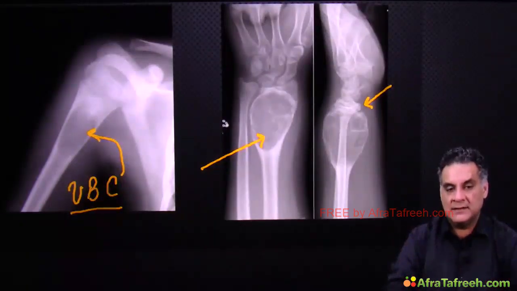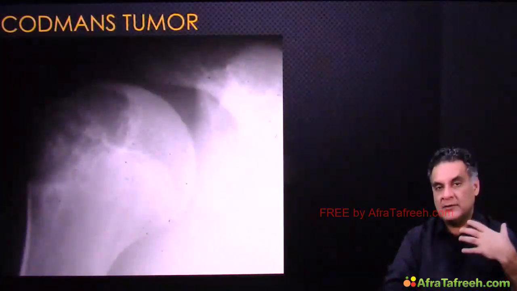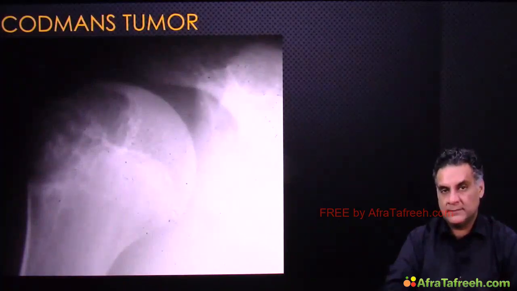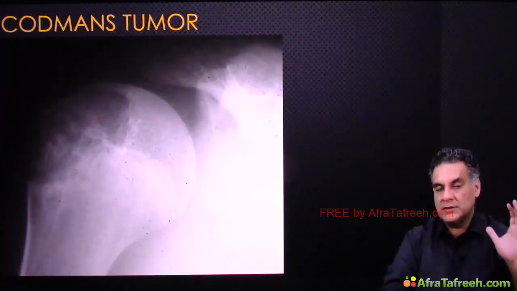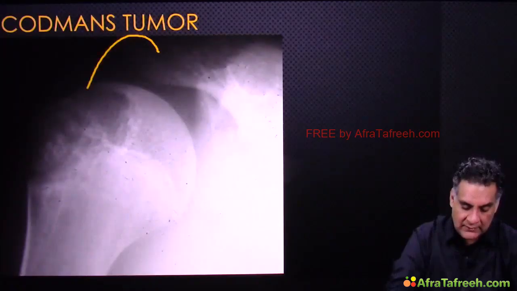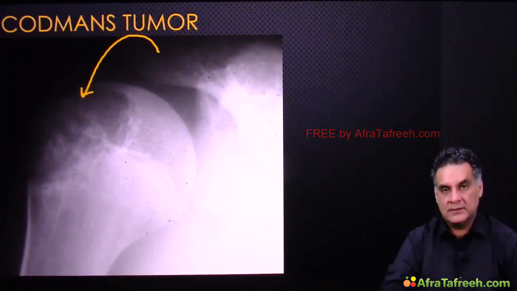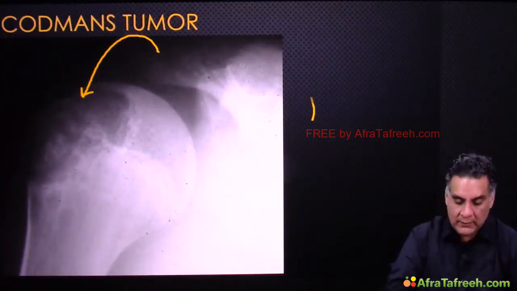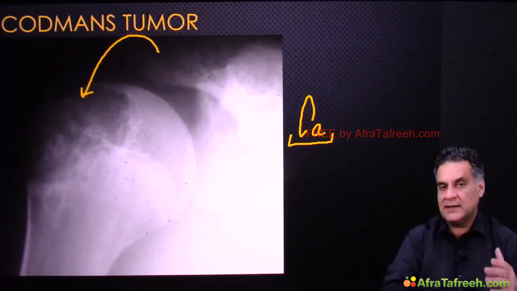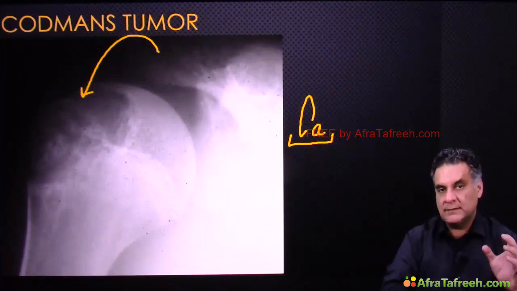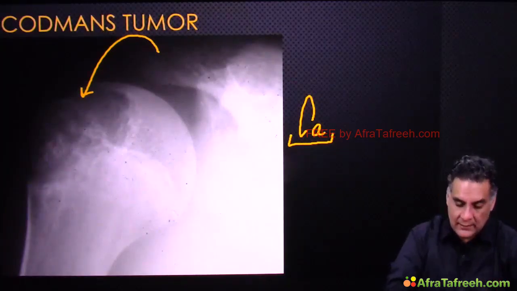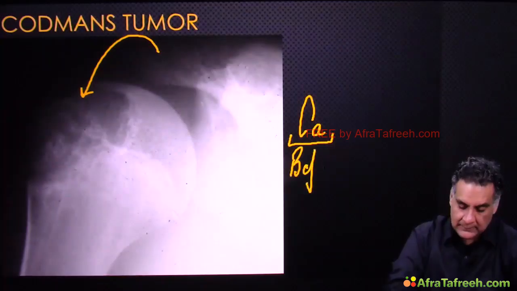So that is ABC. If you look at the upper end humerus metaphysis, you will think about unicameral bone cyst. But when you look at the epiphysis, think about chondroblastoma. Chondroblastoma will be calcified because cartilaginous tumors have calcification. So it is epiphyseal with calcification, usually seen before skeletal maturity.